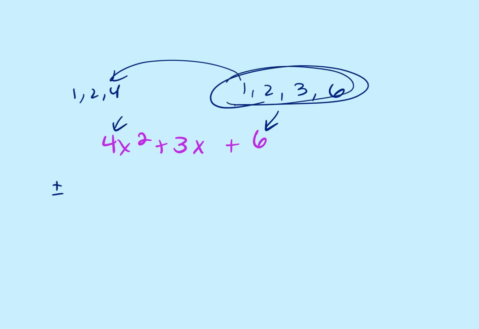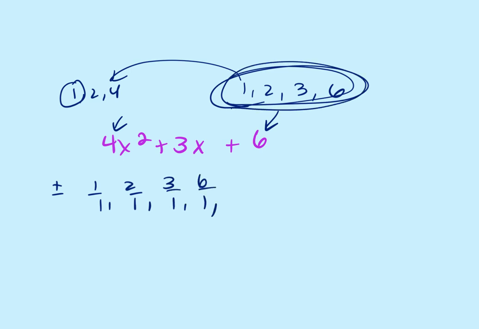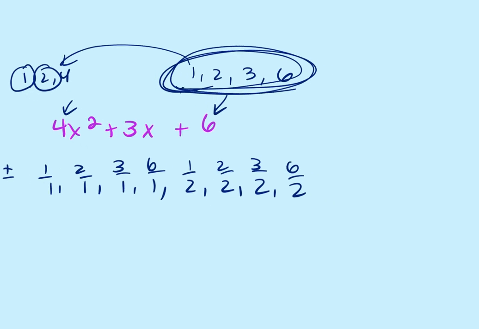So I put all of these over 1 first. 1 over 1, 2 over 1, 3 over 1, 6 over 1. Then I put all of these over 2. 1 over 2, 2 over 2, 3 over 2, 6 over 2. And then I put all of these over 4. 1 over 4, 2 over 4, 3 over 4, 6 over 4.